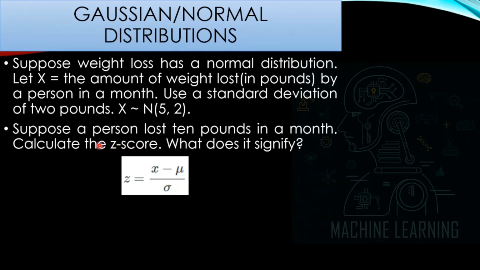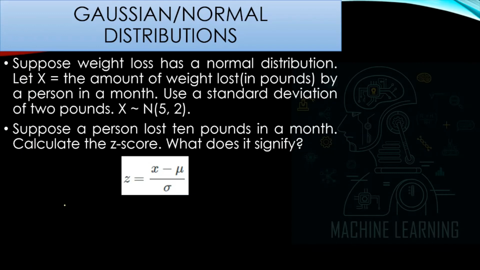The question here is: suppose a person lost 10 pounds in a month, calculate the z-score and tell what it signifies. The standard deviation given to us is 2, and 5 is the mean, and the formula is given right here. All we need to do is put the values in the formula.